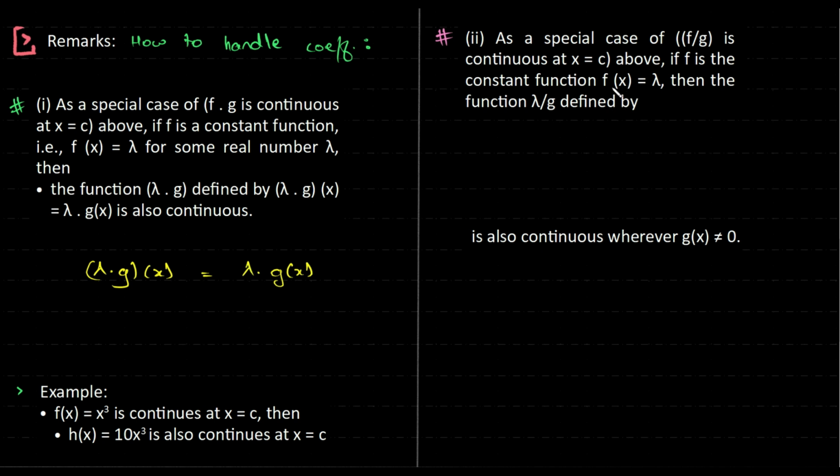Anyways, the point is, if f of x is equal to lambda, that is, the numerator has a constant while the denominator has the function, then we can talk about the entire function result as lambda times 1 by g of x. That's all, nothing else. So if we talk about this continuity, then this is also continuous.